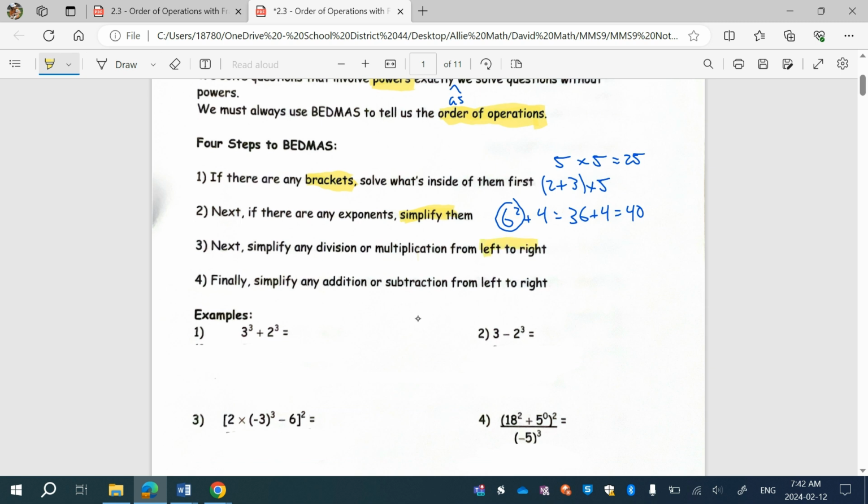I say just like reading a book. So if we had 4 divided by 2 times 10, we need to do this part first, not the 2 times 10. So 4 divided by 2 is 2. 2 times 10 is 20. And same goes for subtraction, left to right, just like reading a book.